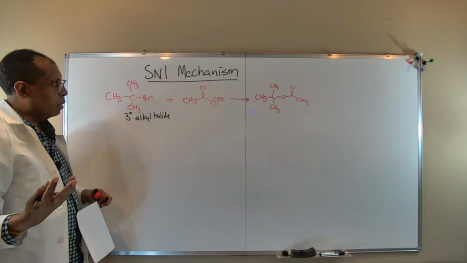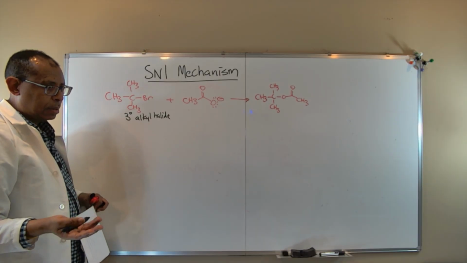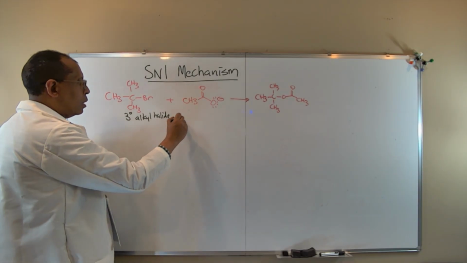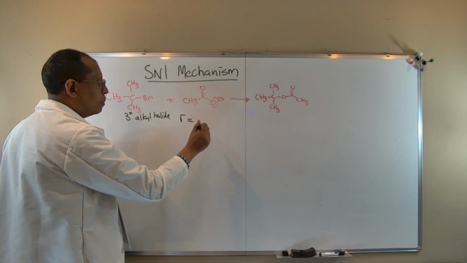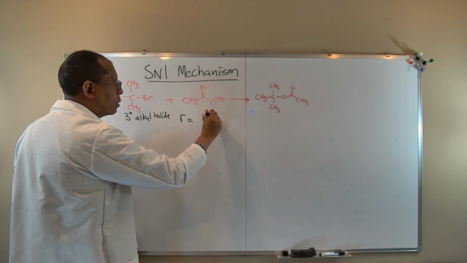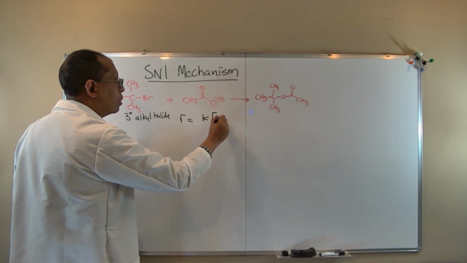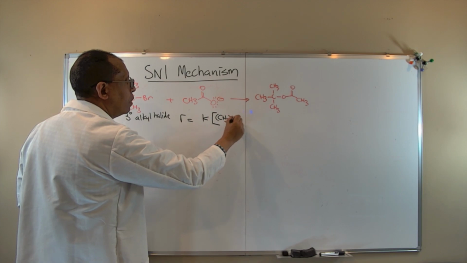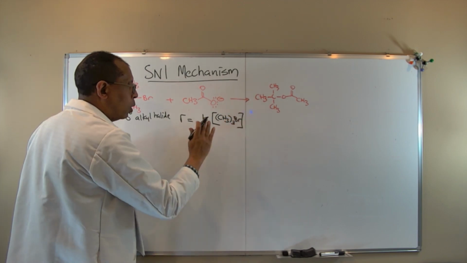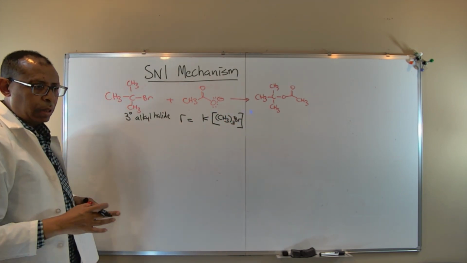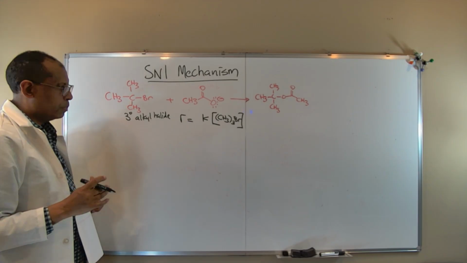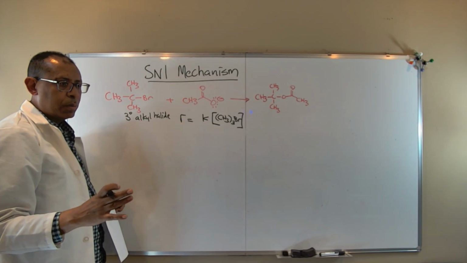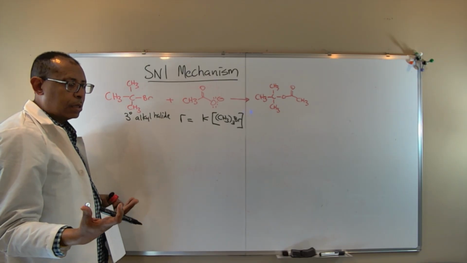So I would just give you the rate kinetics or the rate law. Rate equals, in this case, k, the rate constant, times just the concentration of the alkyl halide only. So this is a unimolecular reaction. So that means only the alkyl halide determines the rate determining step.